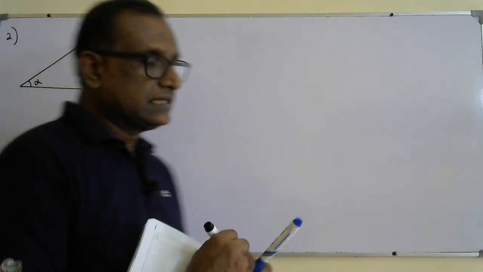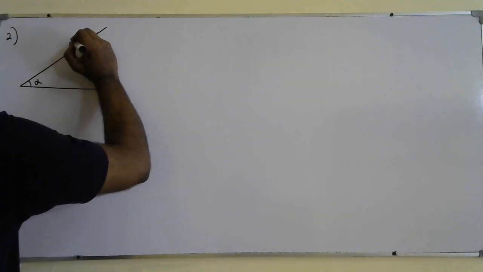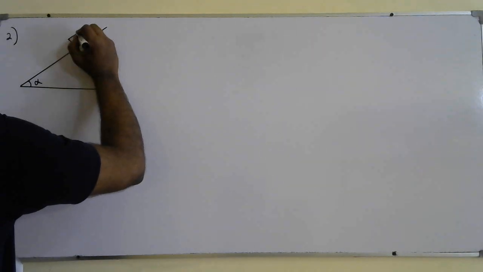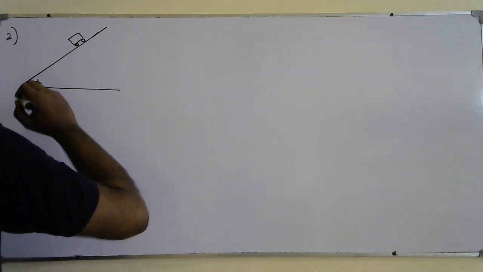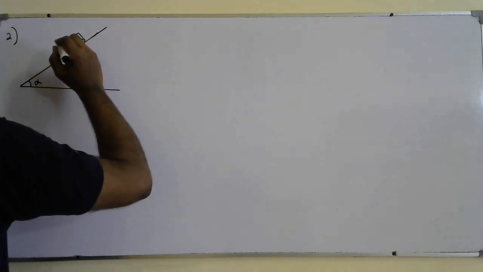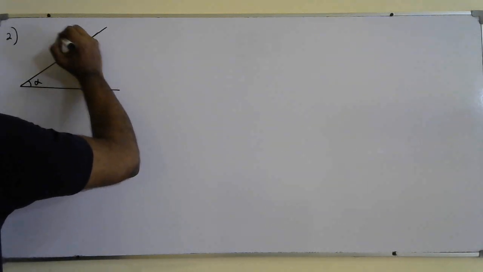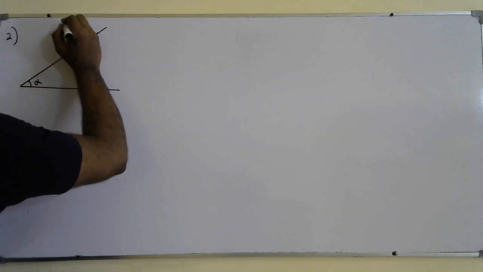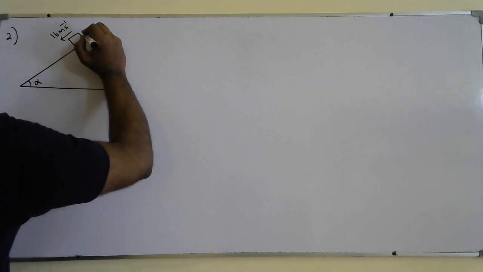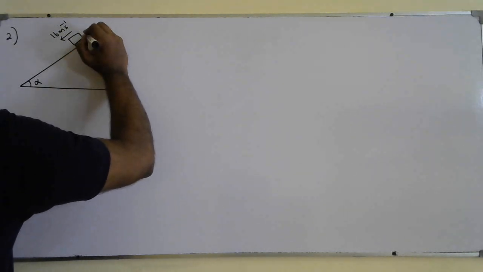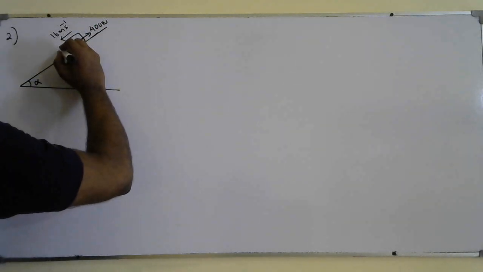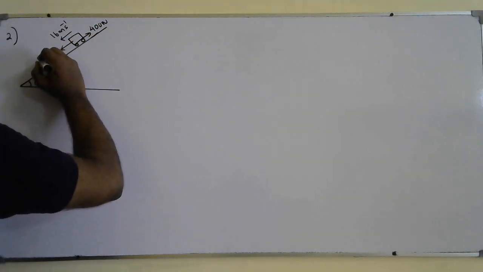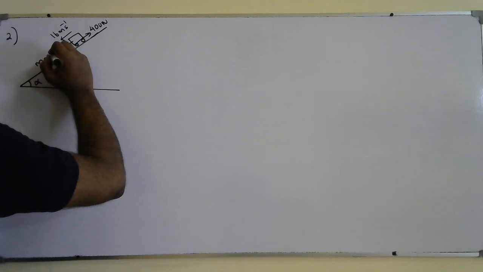Okay, I'll show this information on the diagram. So this is the car moving down at a speed of 16 meters per second. And there is a resistive force, that is 400 Newton. The component of the weight will act along the slope down, mg sin alpha, you must know that.